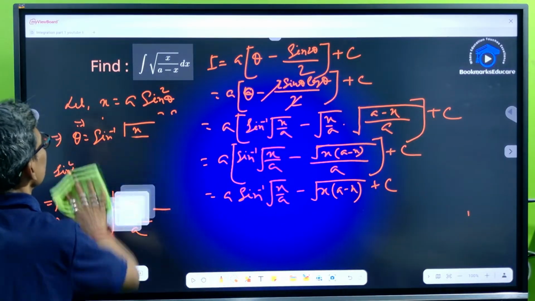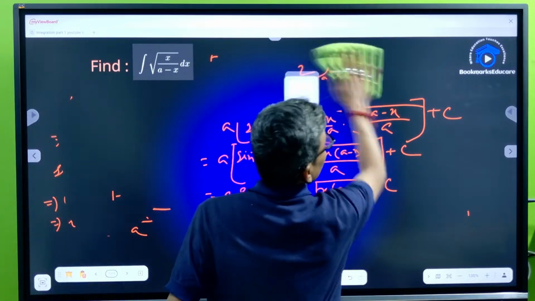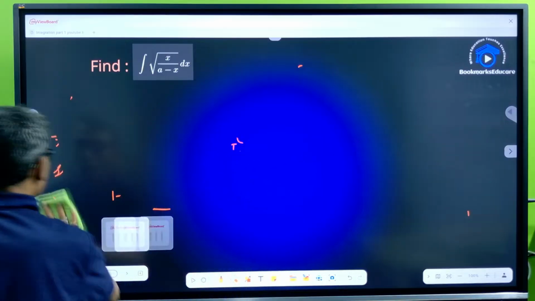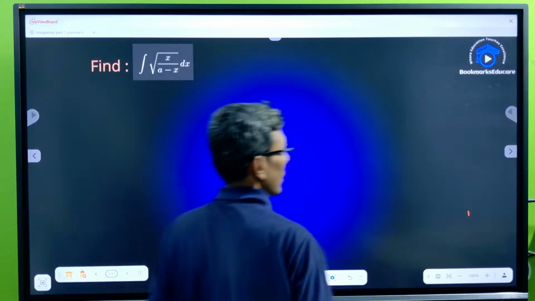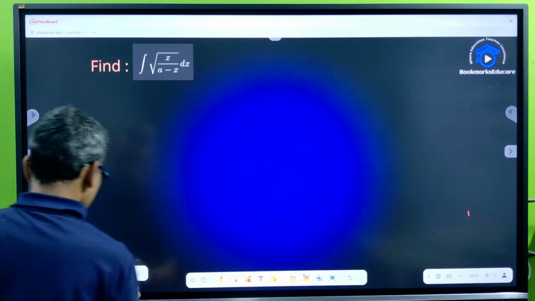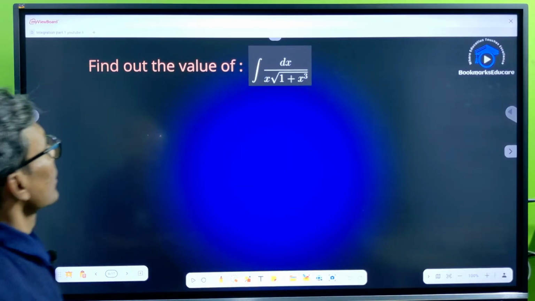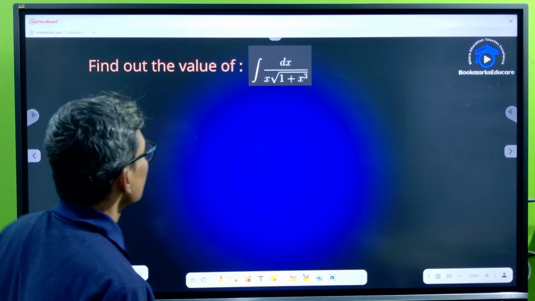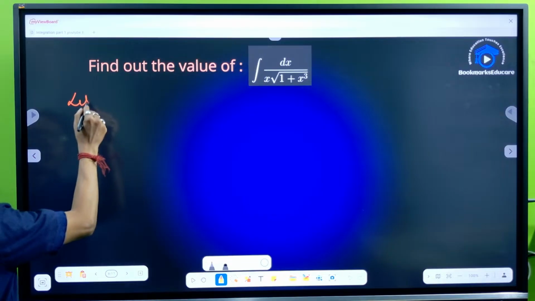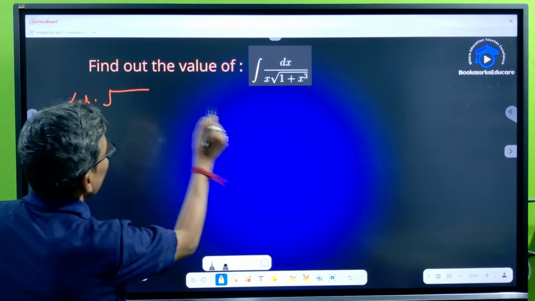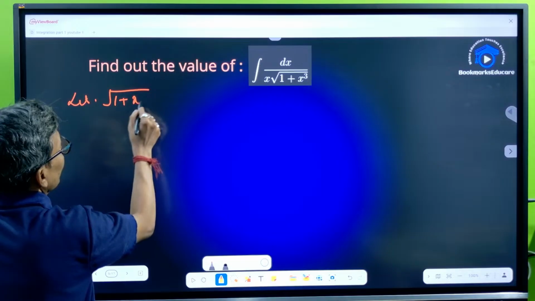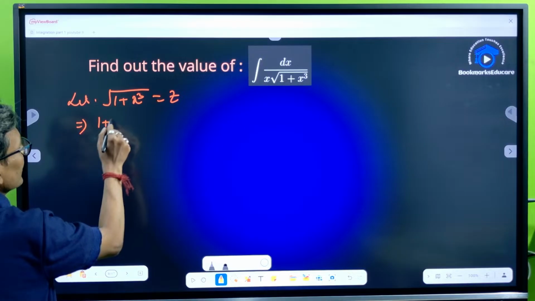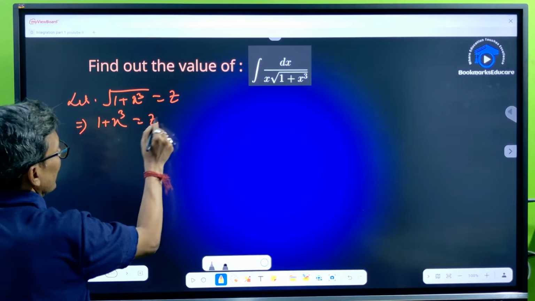The next sum is integral of, this is also based on method of substitution. So let root over of 1 plus x cube is equal to z. So squaring on both sides, 1 plus x cube is equal to z square.